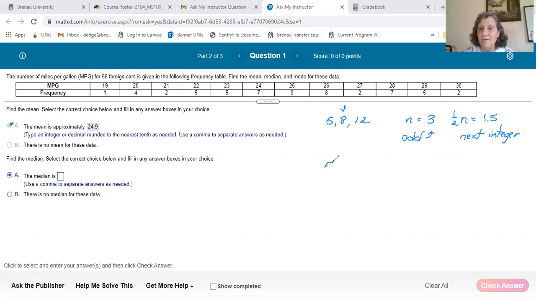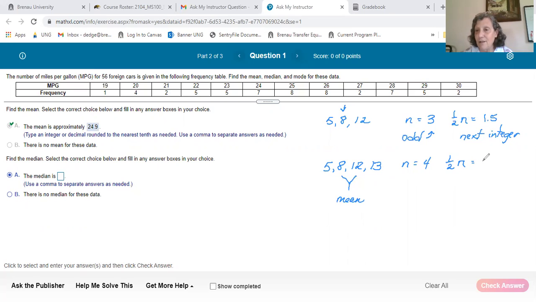If you have an even number of data elements, so here n is 4, you get the 2 middle ones and you average them, you get their mean. So you add them together, divide by 2. So to get the middle position figured out, you take half of that.